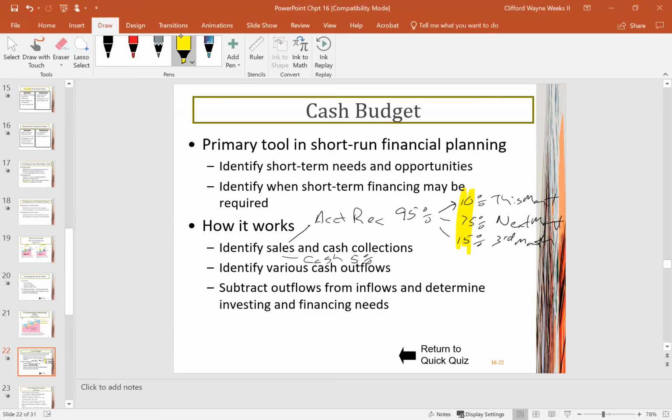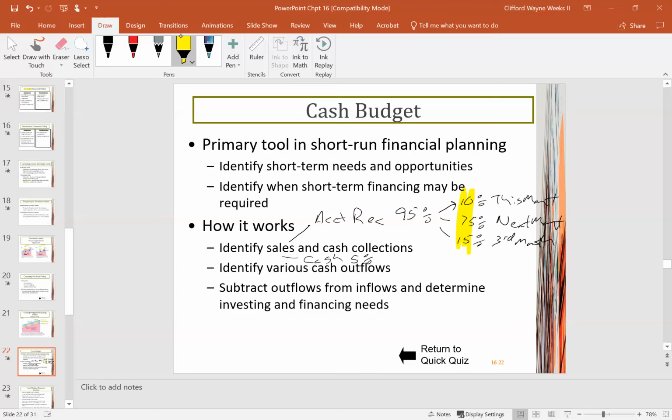We made a sale in March. 5% of March's sales are received in cash, so we include that. Then the 95% of sales in March, we're going to collect 10% of those in cash in March. We're going to collect 75% in April, and then 15% in May.